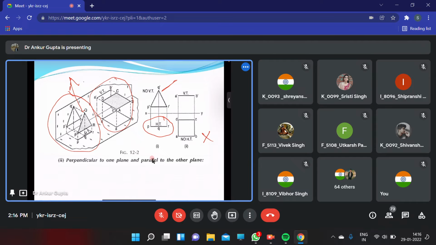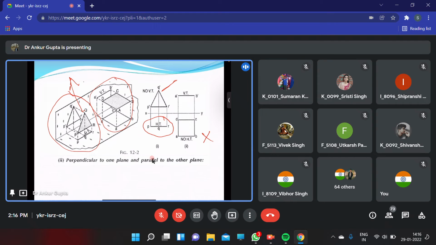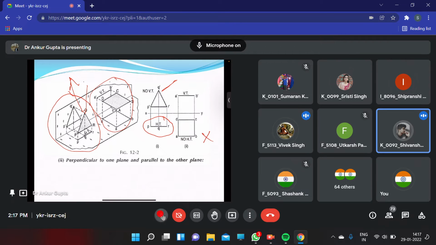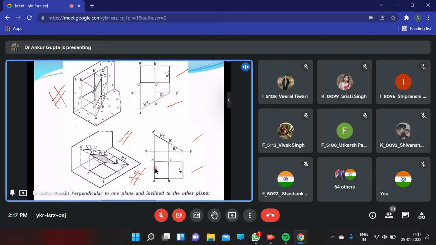What I'm asking is, see this plane. This plane is parallel to the vertical plane. So when I am projecting it onto the vertical plane, am I getting the true shape in projection? Yes, sir. So we will get. Okay. What about in this case?